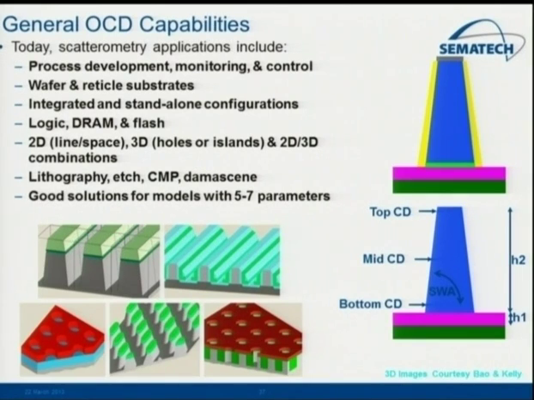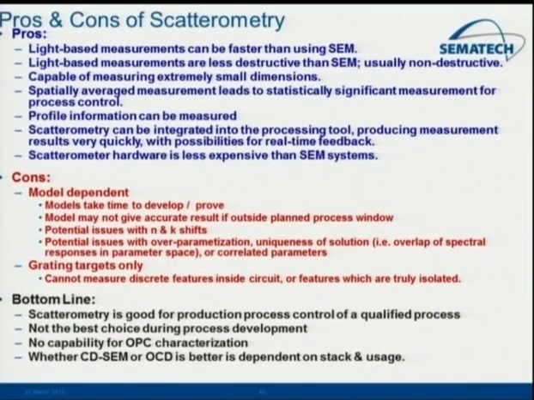In theory, you can build up a complex enough model, actually we're beyond 5 to 7 parameters now, to be able to start to extract a lot of these dimensions off of the films. So it's really a powerful technique and used in many cases for process control, but it does have some disadvantages that I will describe on this slide.